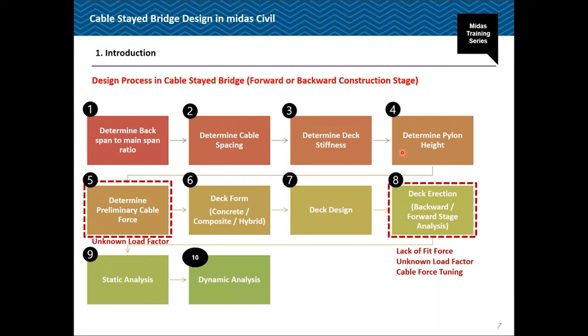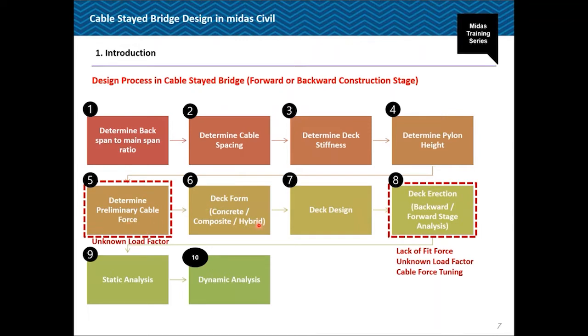Then we determine the pylon height, which can be L by 15. And then we determine the preliminary cable force. This is what we call the final stage model, where you determine the preliminary cable forces through a method called unknown load factor, which is inbuilt in MIDAS Civil.